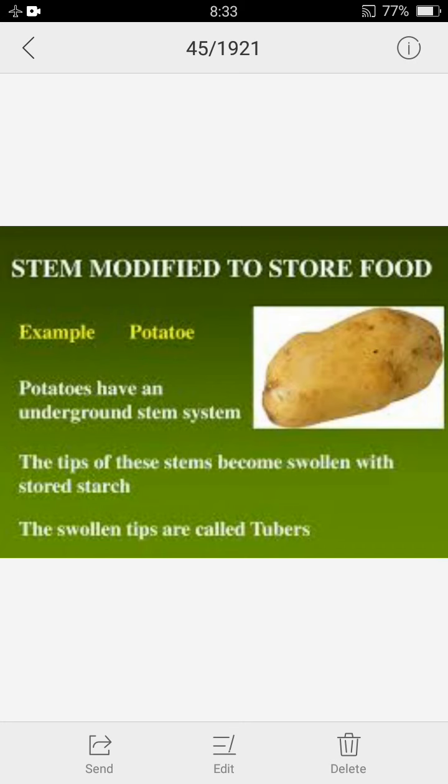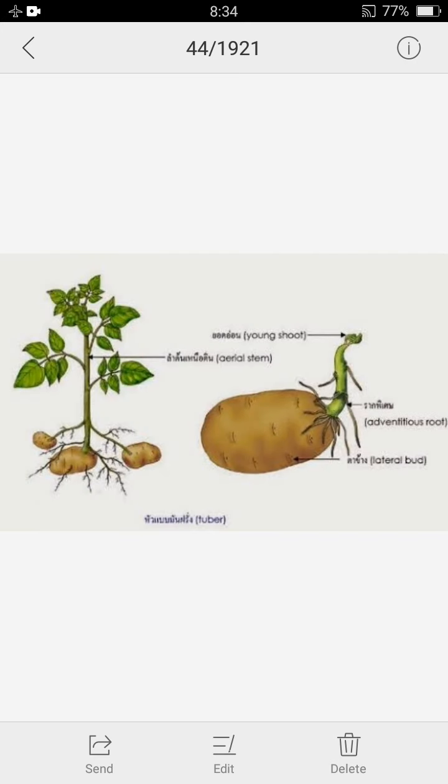Example, underground stems of potato, which you are seeing on the screen, ginger, turmeric, zamikand and colocasia are modified to store food. They also act as organs of perennation to tide over conditions unfavorable for growth.